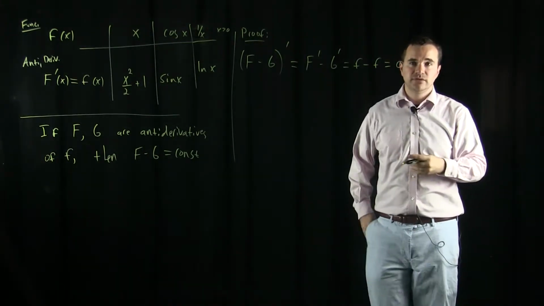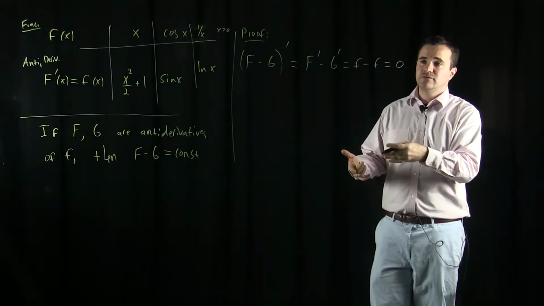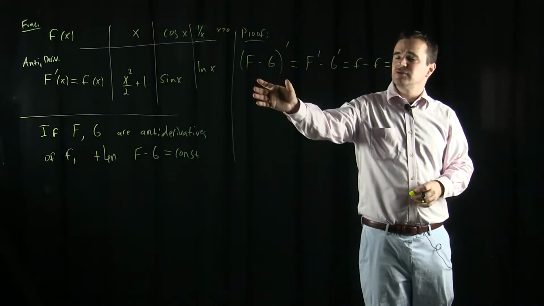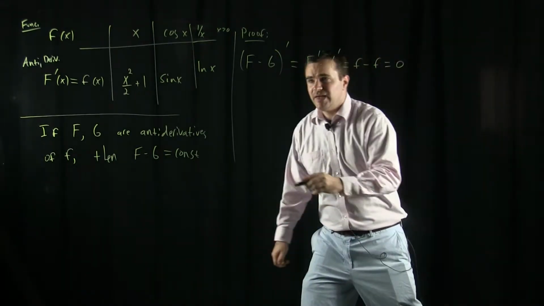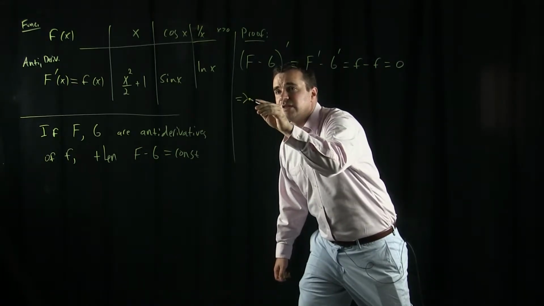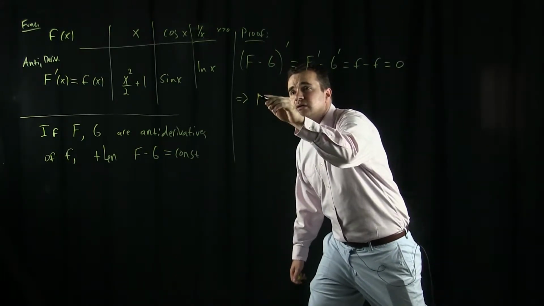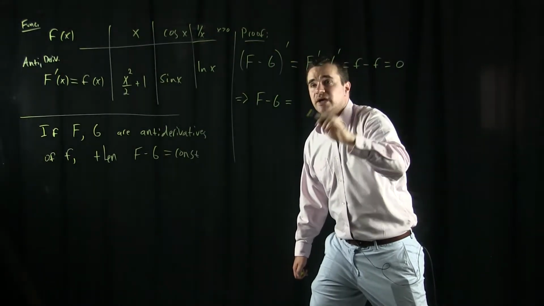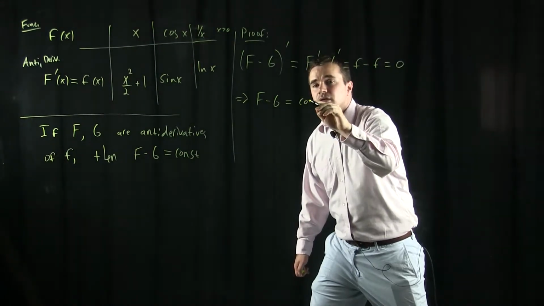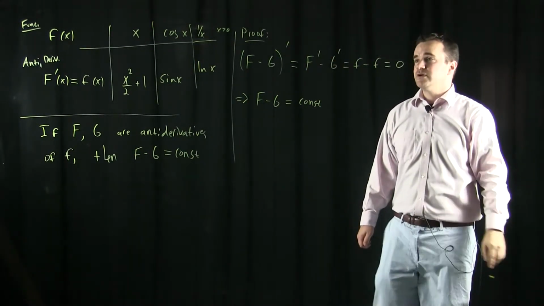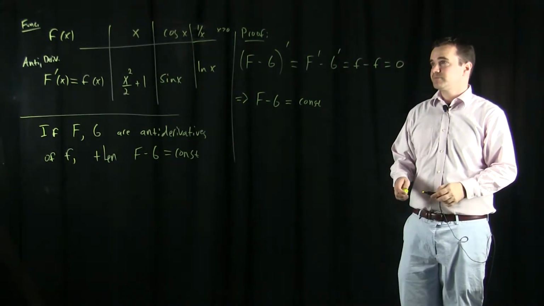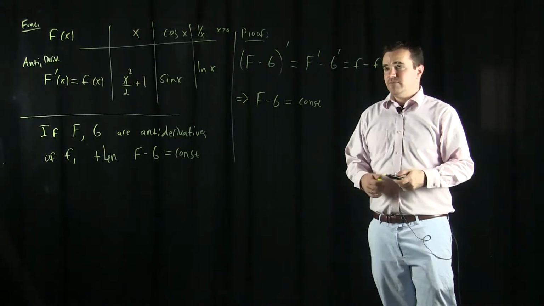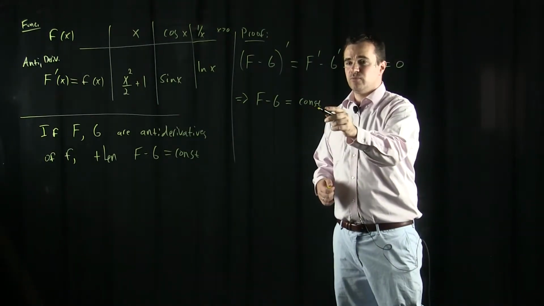So without even knowing the specific function that these were antiderivatives of, as long as I know that their derivatives are equal, the derivative of that difference will be 0. That automatically implies, by the mean value theorem, that you've got a function whose derivative is 0 for every x, and then that function has to be a constant. You can rearrange this. What's the constant?